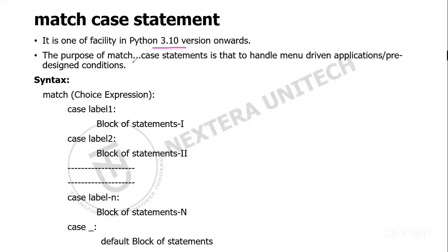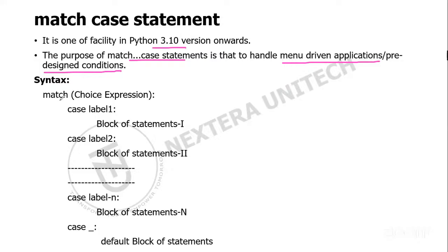But the purpose of match case statements is they help us to handle menu driven applications or pre-designed conditions. If there are any pre-designed conditions, in order to handle these, I can go and use match case statements. And here is the syntax of match case statement. What is the syntax?